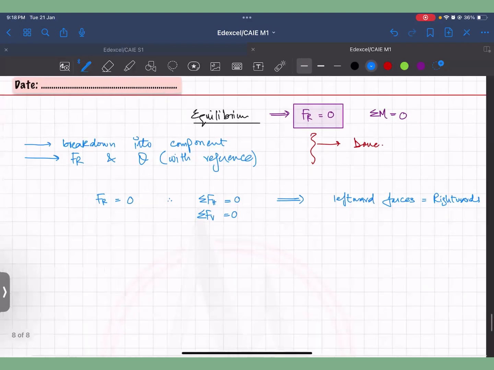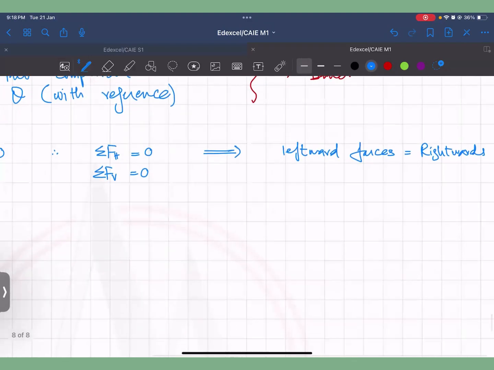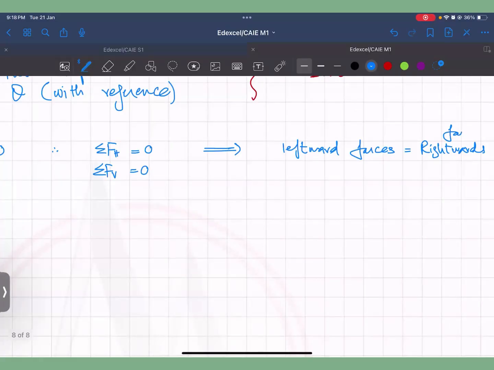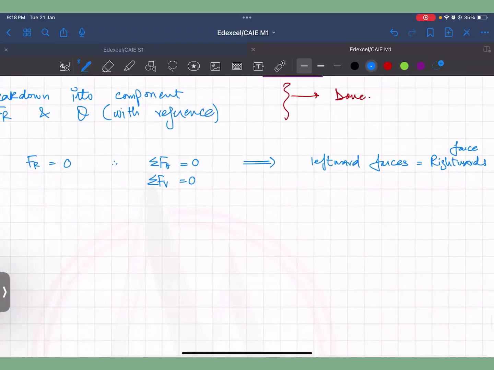Forward, backward, like that. Rightward forces, I don't know if this word is correct. Leftward. So the leftward forces and the rightward forces would equal each other out, so that the sum of the horizontal forces would be equal to 0.